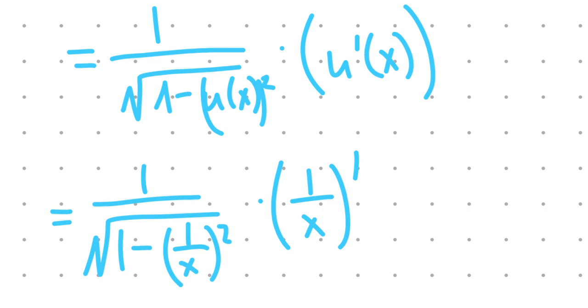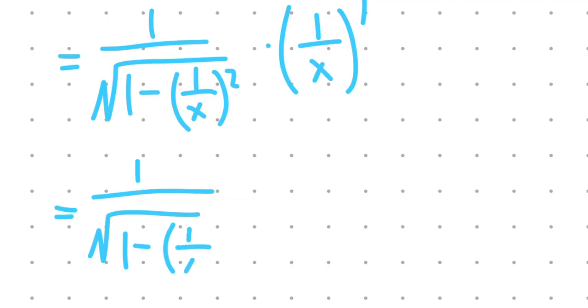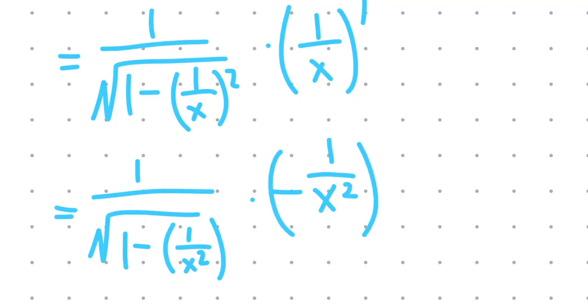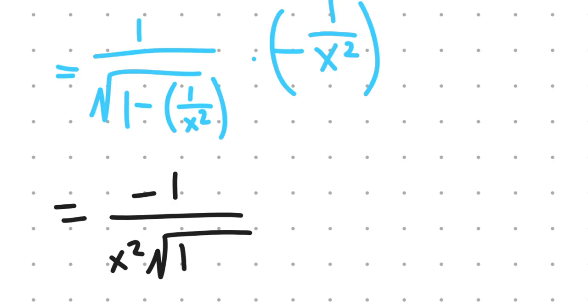Now what is the derivative of 1 over x? 1 over x is the same thing as x to the negative first power, so its derivative is negative x to the negative 2, which is negative 1 over x squared. So we can just bring the negative to the front and put everything together. So we just have negative 1 over x squared times the square root of 1 minus 1 over x squared.